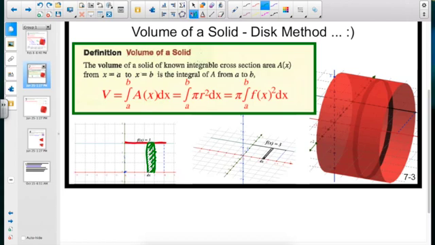And once we pivot that rectangle about the axis, we have this kind of skinny disc. And that skinny disc is nothing more than a real skinny cylinder. So it's kind of like a Riemann sum. If we add up all the discs from 0 to 4, we're going to get that entire cylinder.